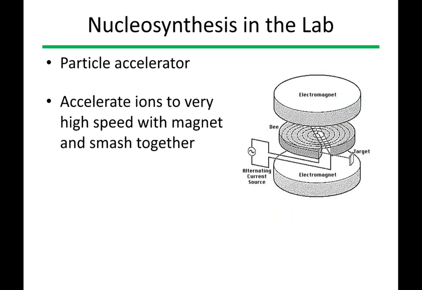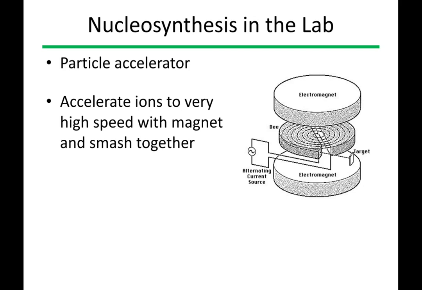We can also do nucleosynthesis in the lab to get novel elements. This is often done using particle accelerators. There's a few different types, but the premise is generally the same. We take an ion in a magnetic field and accelerate it very, very fast.